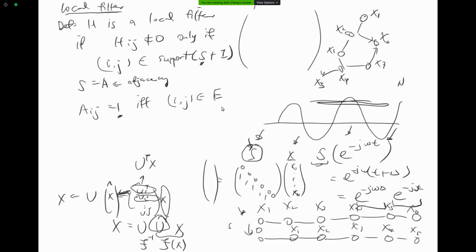It has an edge from 1 to 2, and I have a 0 here. Then 3, 4, 5, 6, 7, and the columns are 1, 2, 3, 4, 5, 6, 7.